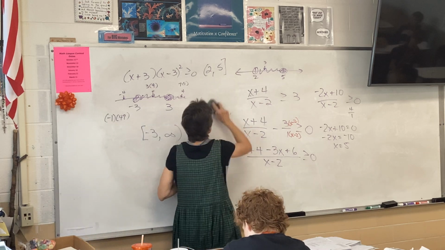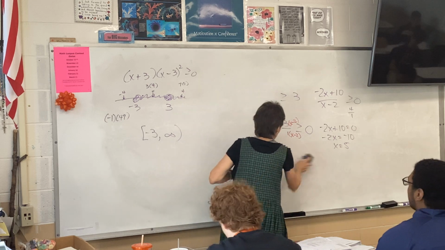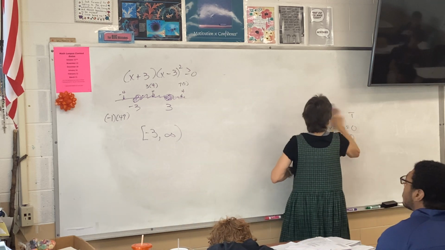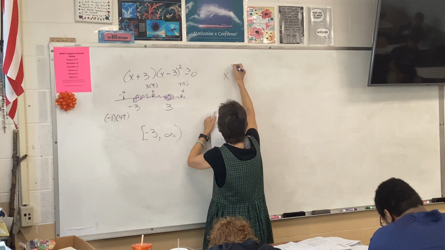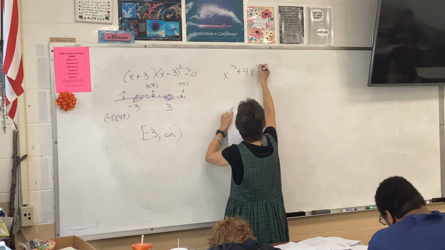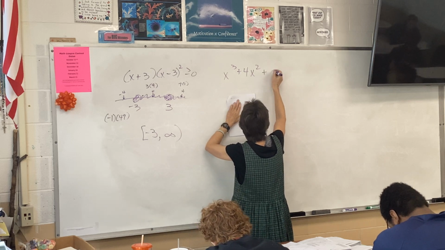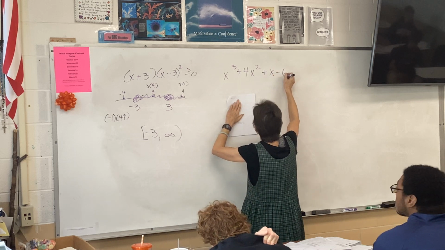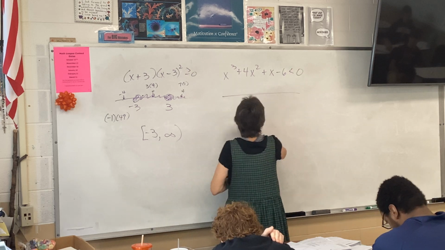All right, D. It's an inequality. I need a number line, and I need a 0. Would you be okay if I added the x and subtracted the 6? Yep. Because I know I need a 0.